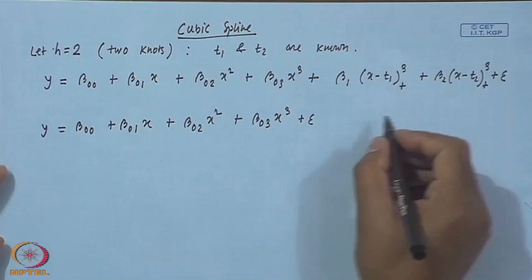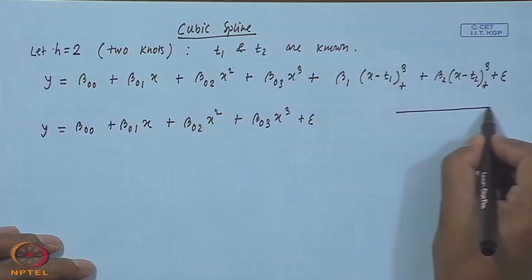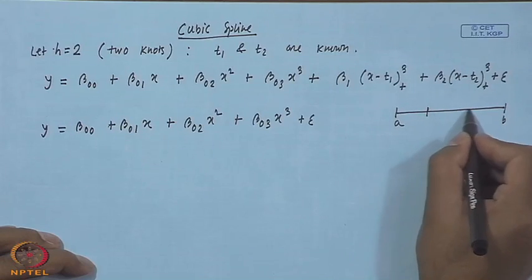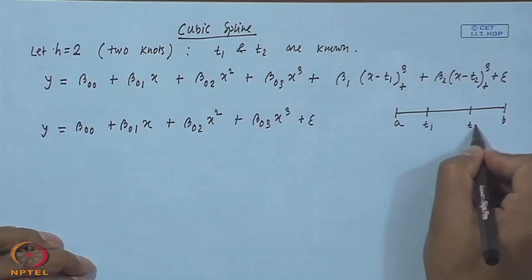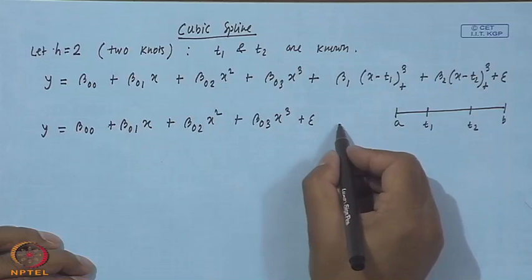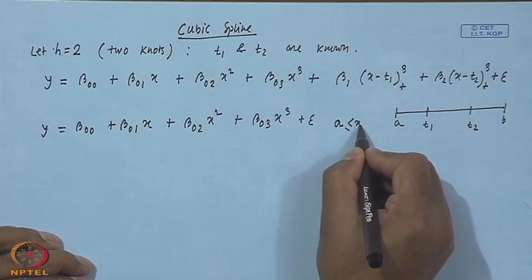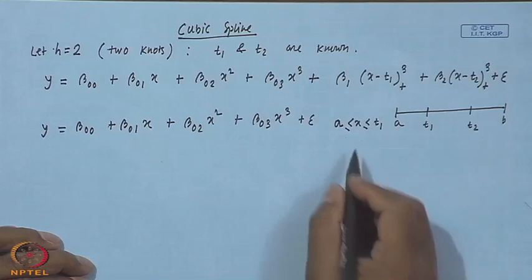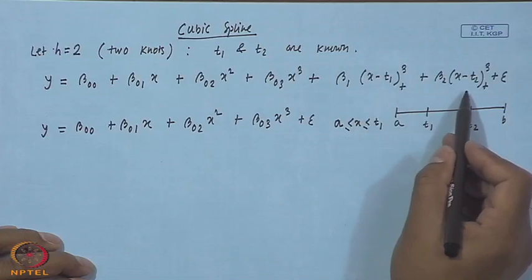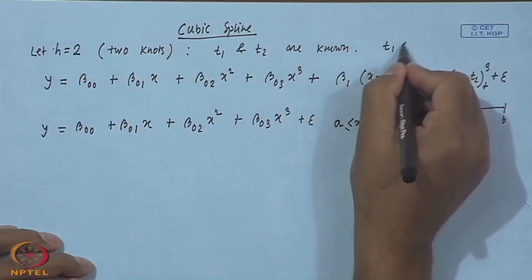in the range. So, I am dividing the whole range. Suppose the range of x is from a to b, this is a, b, this is the range of x, and I have 2 knots, so T 1 and T 2. Now, you can check that y is equal to this in the range a less than or equal to x less than or equal to T 1, because in this range x is less than T 1, so this is equal to 0 and this is also equal to 0, because T 1 is smaller than T 2.